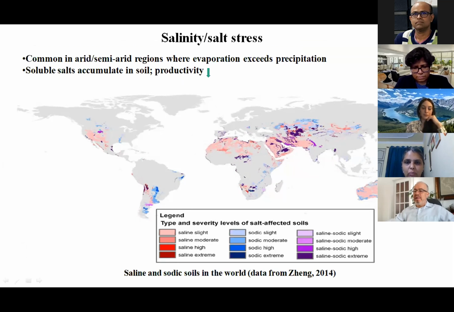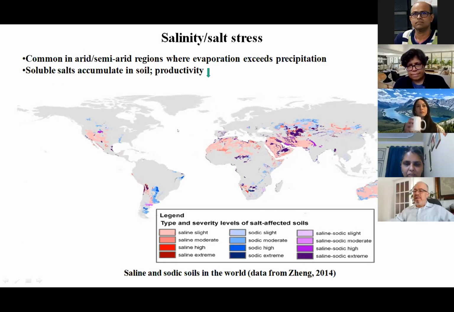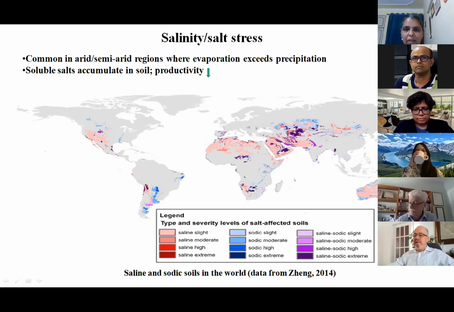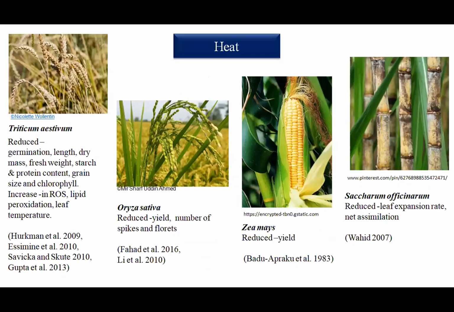You could see here with the help of this heat map that various parts of our world are affected to various degrees. It mostly shows the desert regions, but other parts are also affected by accumulation of saline soil, which in turn would lead to a decrease in crop yield.